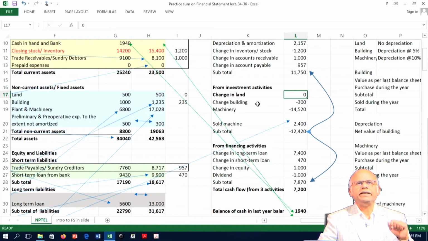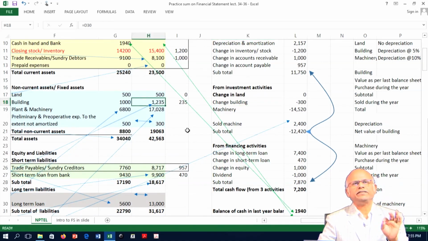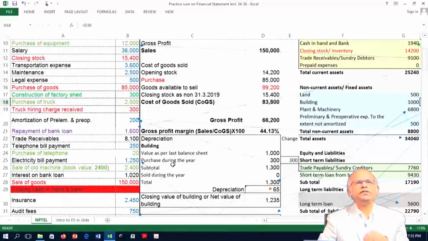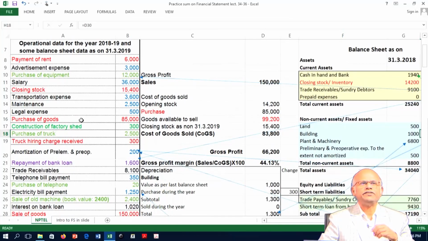Change in building, you have to see whether you have created any new building or you have sold some building. Do not look at this data, because this data is post depreciation. It does not indicate the right value of the asset that you have procured. So you have to really go back to this position, like purchase of truck, like construction of factory shed is the new building that you have constructed.